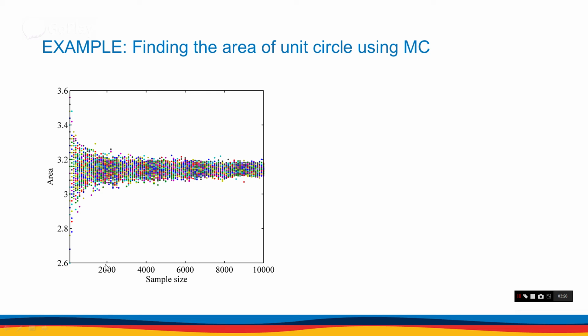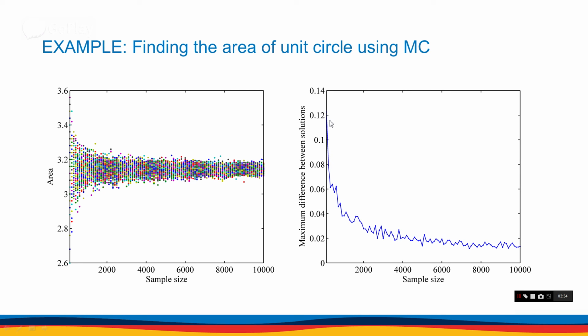So for each sample size, I measure the distance between the solutions. And here is the maximum difference between solutions for the same sample size. As you can see, the main takeaway from this figure is, as you increase n, the maximum difference goes down.